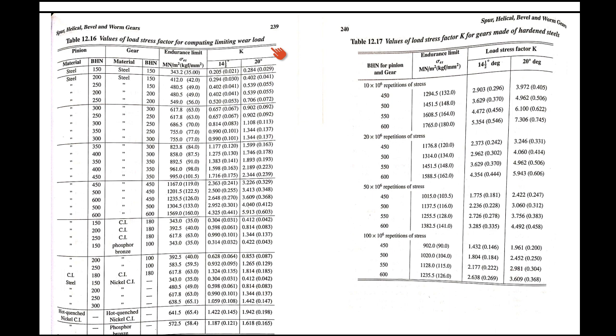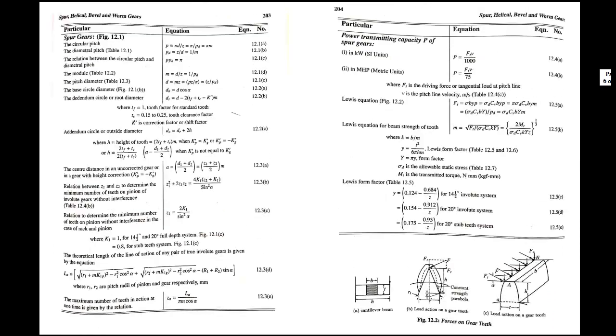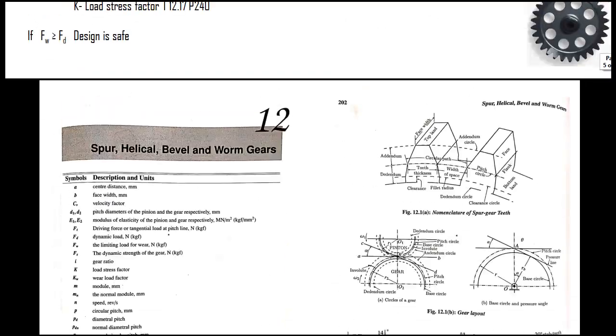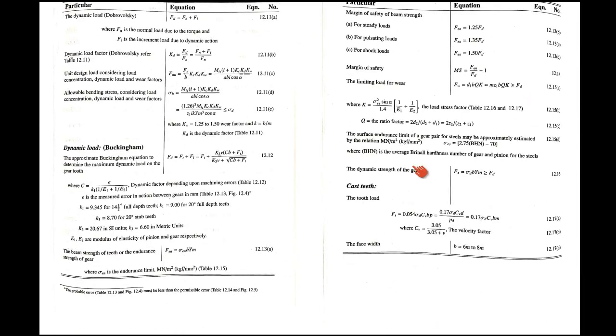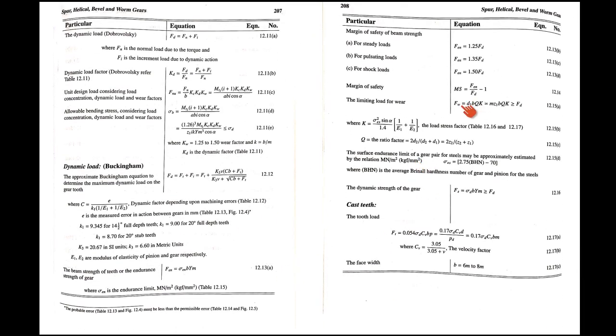But usually what we do is something like this. In this step, in the wear load calculation, we will equate Fw with Fd, because Fw has to be greater than Fd.